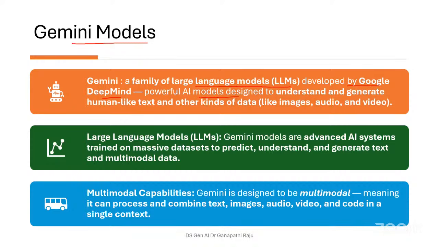It is a powerful AI model designed to understand language and generate human-like content. Like, it may generate images, audio, and video also. Gemini models are more advanced systems trained on massive amounts of data, and based on that, they are used for predicting, understanding queries and generating text.